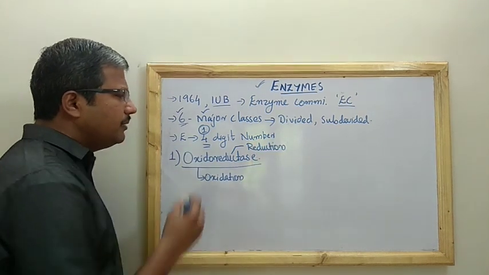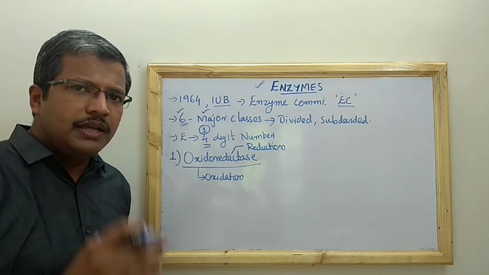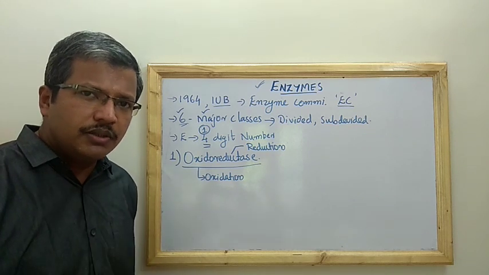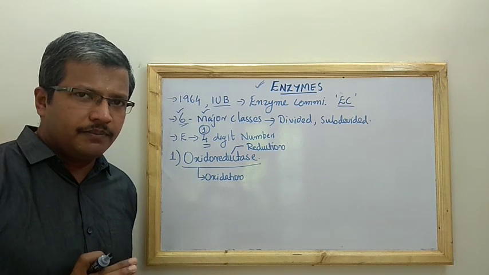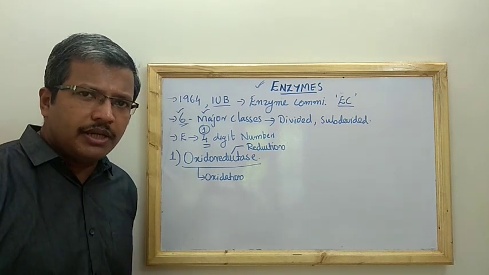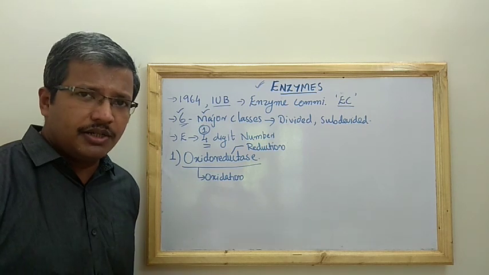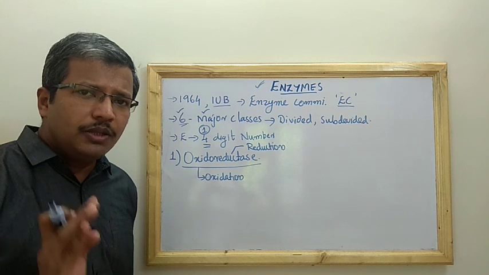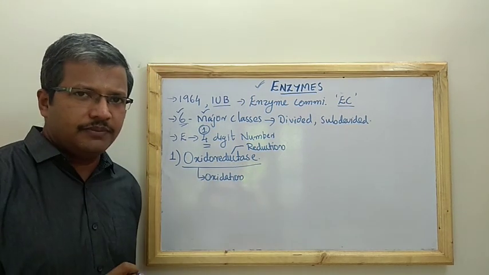So what is meant by the oxidoreductase class of enzyme? It is the enzyme which catalyzes the reaction where both oxidation and reduction are happening. One of the substrates will undergo oxidation and the other substrate will undergo reduction. That kind of reaction will be catalyzed by the enzyme oxidoreductase.